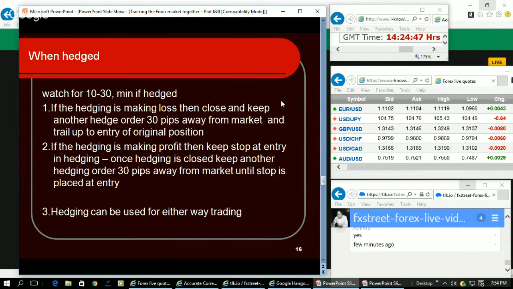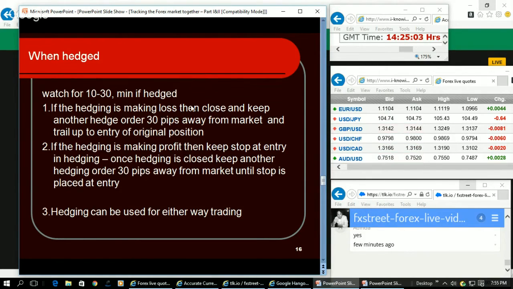Whereas if hedging is not available, then if you have a buy position and try to take a sell, immediately the sell will offset the buy position. As a result, the buy position will also be closed, and that we use as a stop.